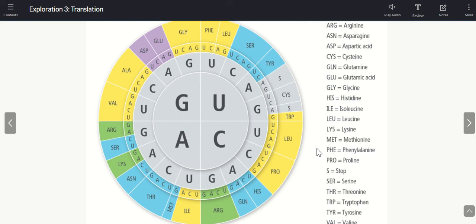Well, your cookies or whatever you're baking are going to taste dramatically different if you add in a cup of baking powder as opposed to a cup of sugar. And the same is true with proteins. Even one wrong amino acid could totally throw off the structure and function of that protein. And so it's very important that this process is carefully regulated so that there are as few mistakes as possible.